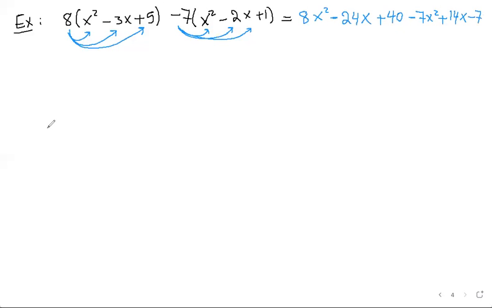Now we simplify it by combining like terms.